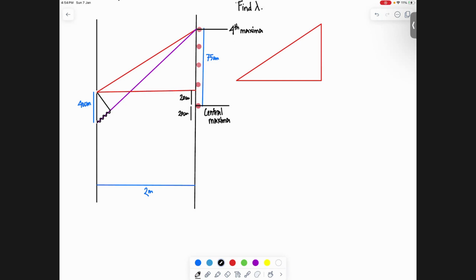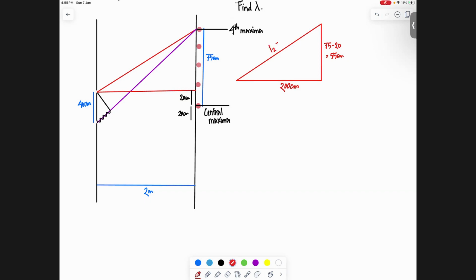The 40 gets split equally, right? So if this whole thing is 75 and this is 20, how much should the height be? That's 75 minus 20, 55 centimeters. And my base is 2 meters, so that's 200 centimeters.